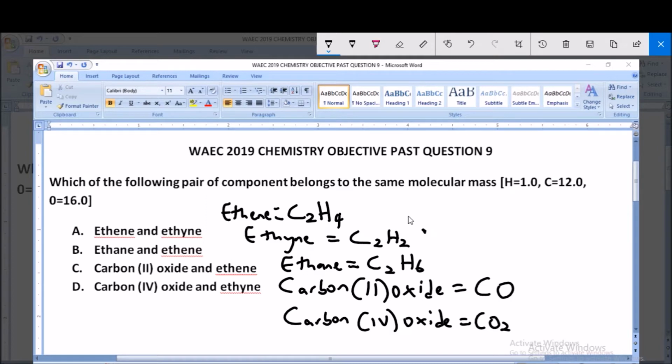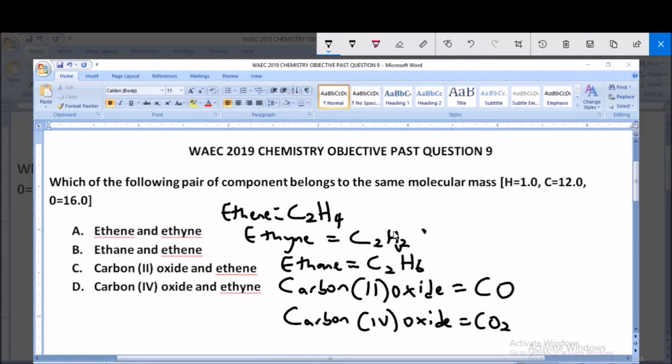So option A is ruled out. And then B is ethane and ethene. Similarly, they both have different number of hydrogen atoms. So mathematically, it will be impossible for them to have the same molecular mass. So we'll be looking at option C, which is carbon 2 oxide.